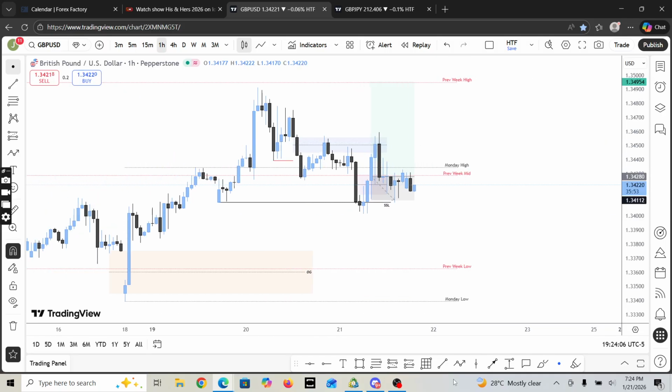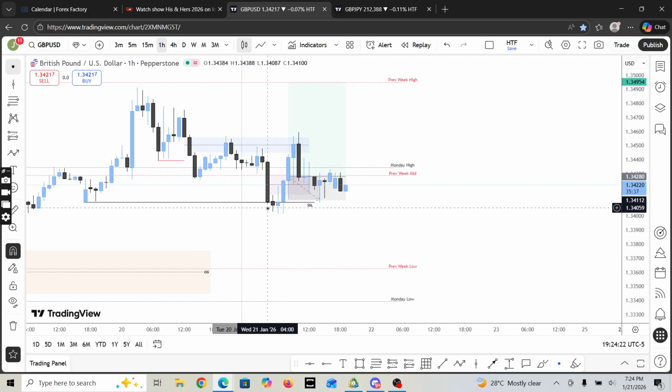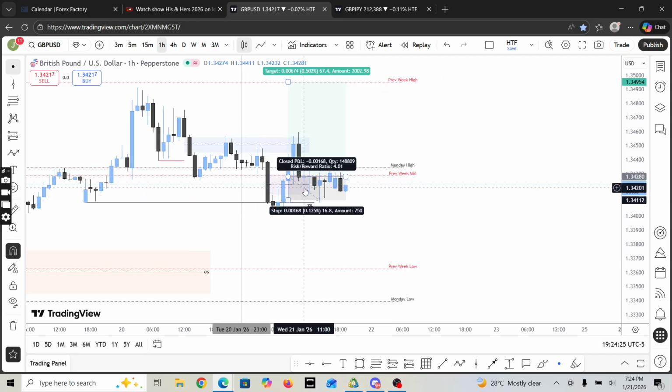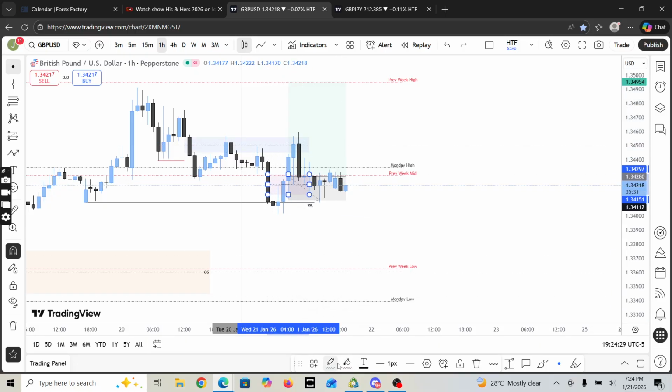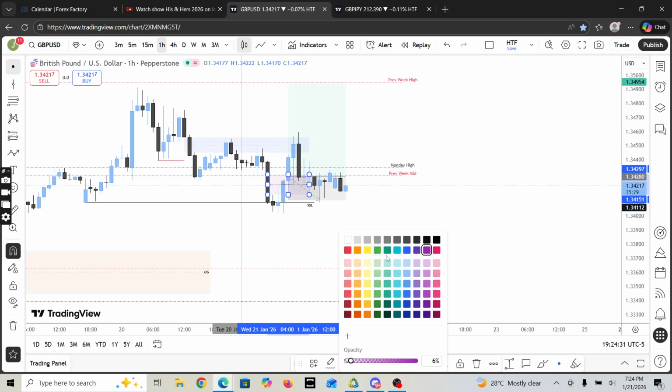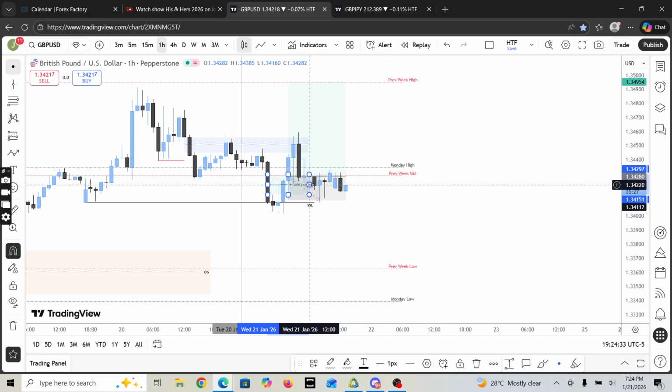On the H1 time frame, I'm putting the separators. Price came back for Tuesday's low and then straight away came all the way to close above this one. You could see that there's an inefficiency level here, quite deep so that you can see it.